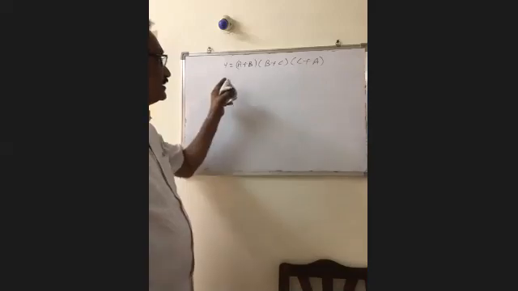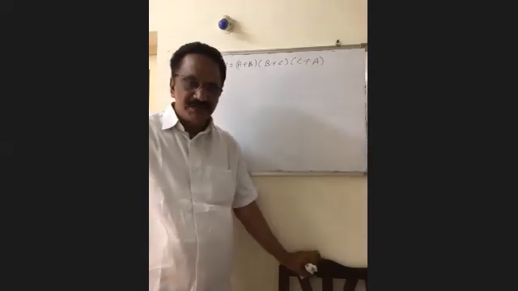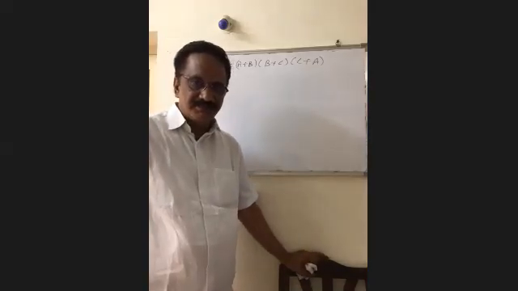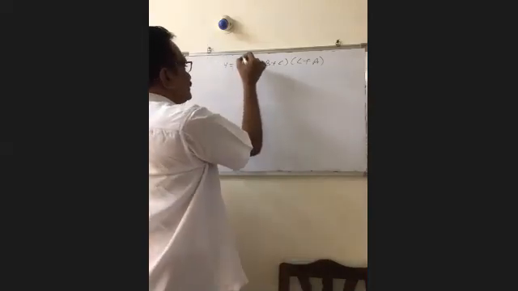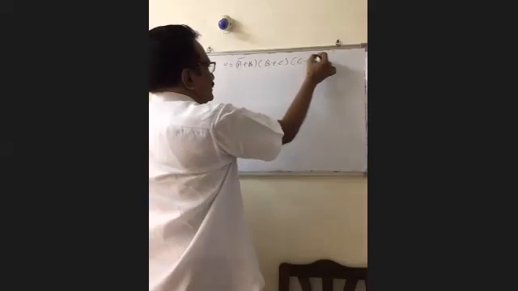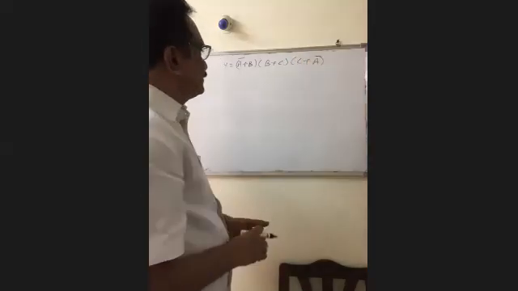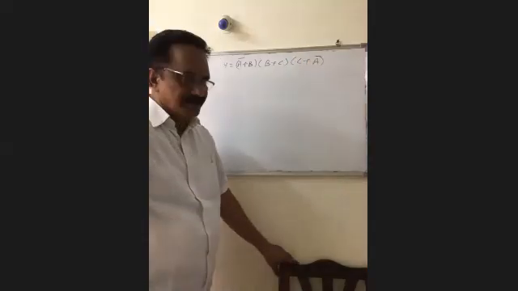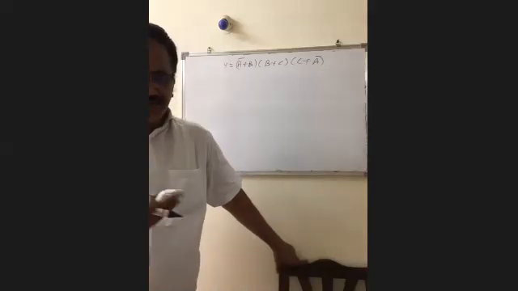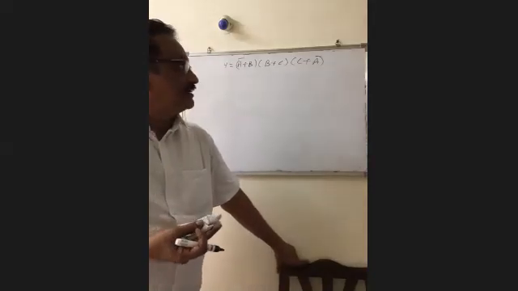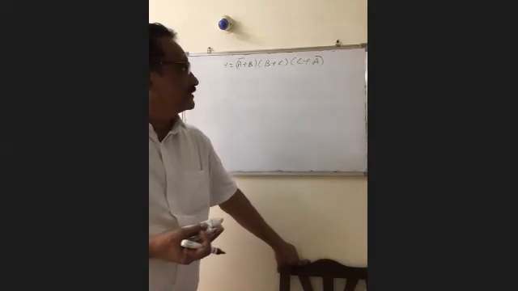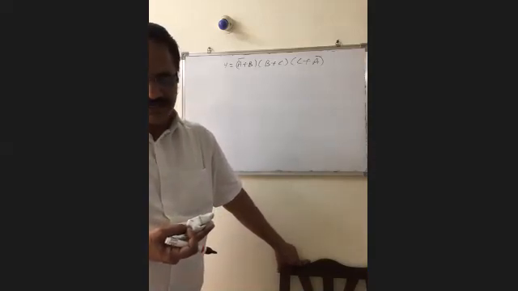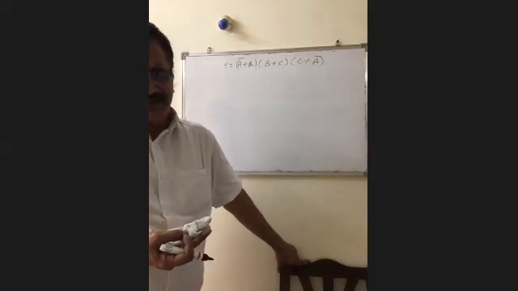So to realize a POS expression by using AND, OR, NOT gates, for example, this one is equal to A bar plus B into B plus C into C plus A bar. So it requires one NOT gate, 3 OR gates, and 1 AND gate.